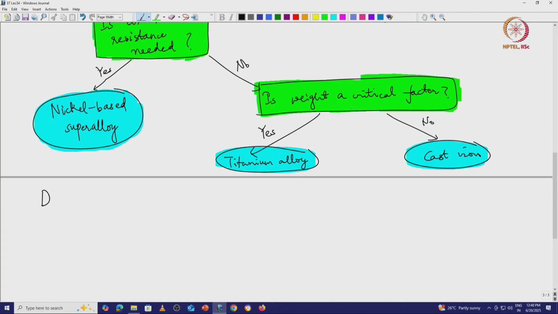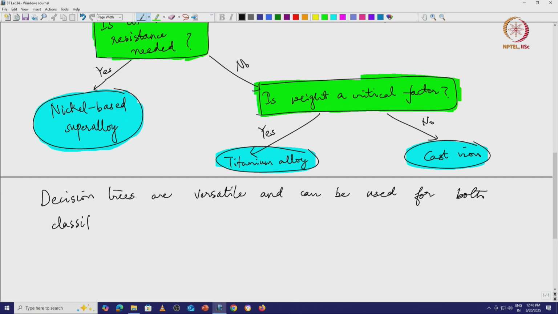So decision trees are versatile and can be used for both classification and regression.